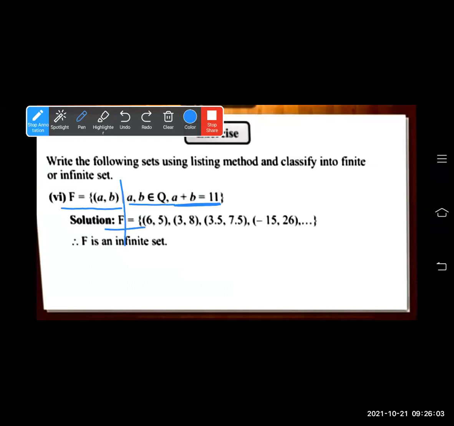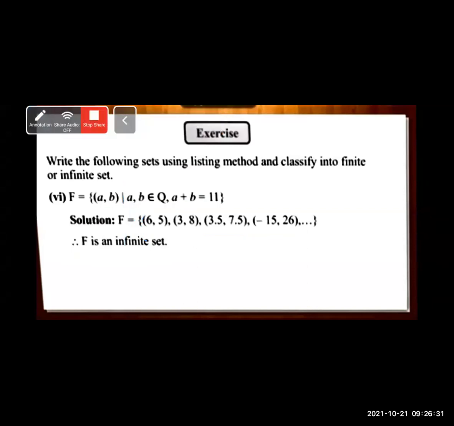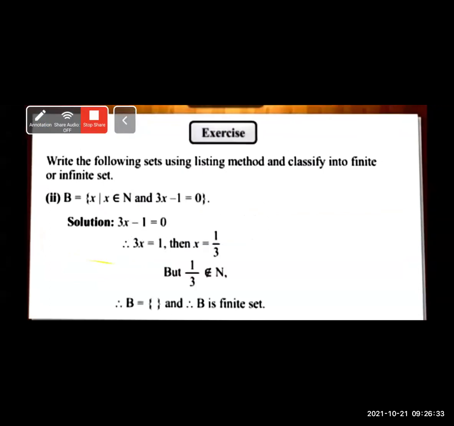Therefore, the set F includes 6, 5, 3, 8, and all the decimals and fractions, which are not countable and are unlimited. Many such pairs can be written. Therefore, F is an infinite set. You can declare that.